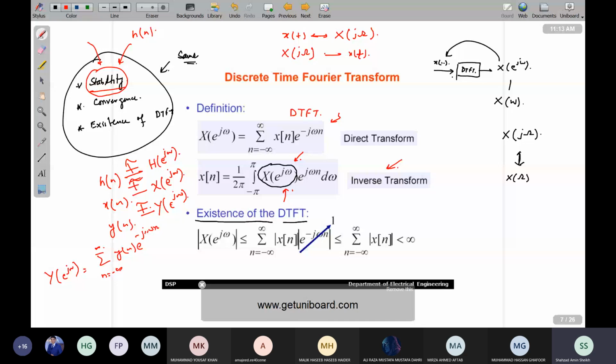That would be on the impulse response or the time domain version of the signals, that you will be summing up absolute samples of that signal or that system, and if those are less than infinity, in the system context you will say that the system is stable, and in the signals context you will say that the Fourier transform exists or converges. Any questions, better?